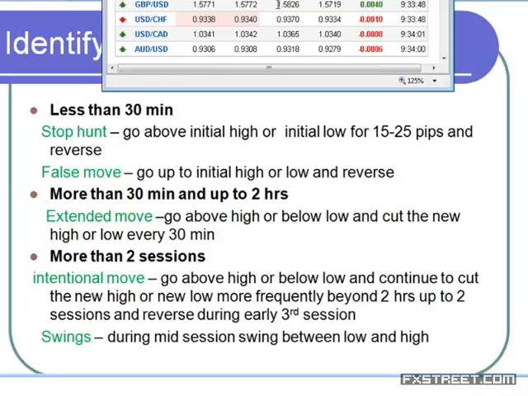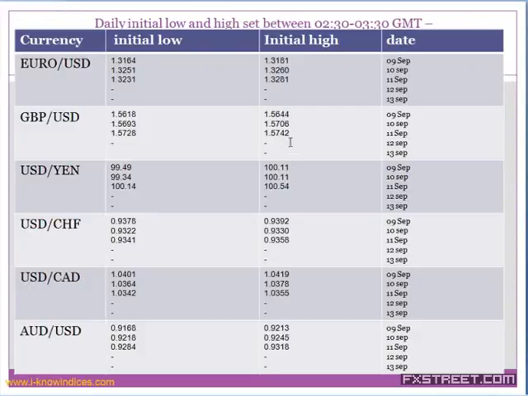Then we will be really confused about where to take the buy. So if you want to take the buy, note down the initial high, in the case of GBP 1.5742. They are holding above 1.5742, but they may come down to 1.5750 or 48 before making a further rise.